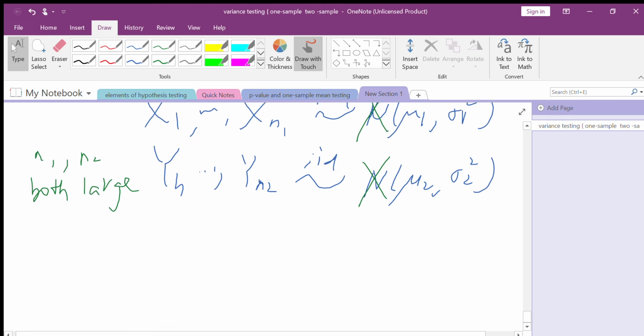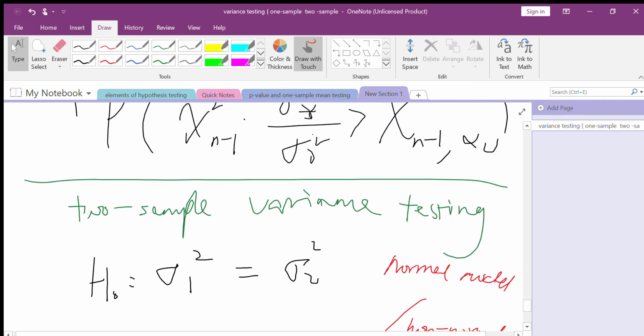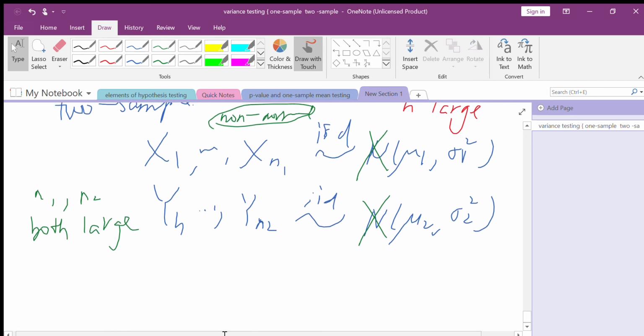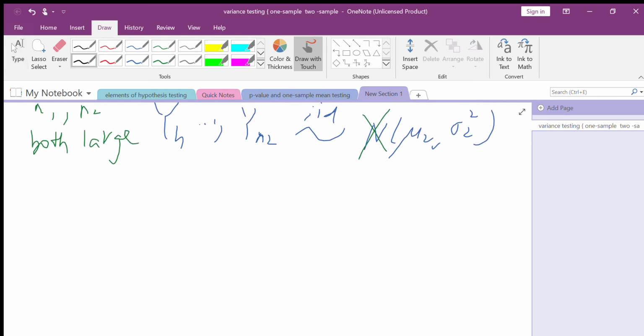So this is what two-sample mean. So let's go to detail of two-sample variance testing. For two-sample variance testing, we utilize the following test statistic.